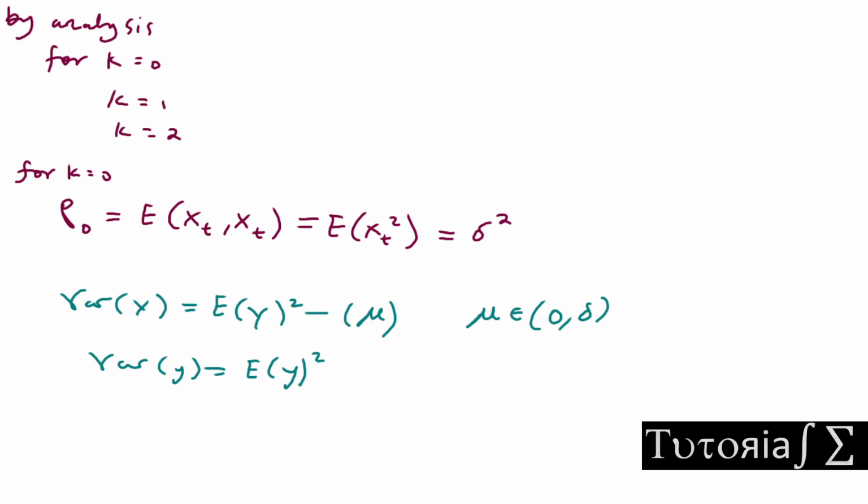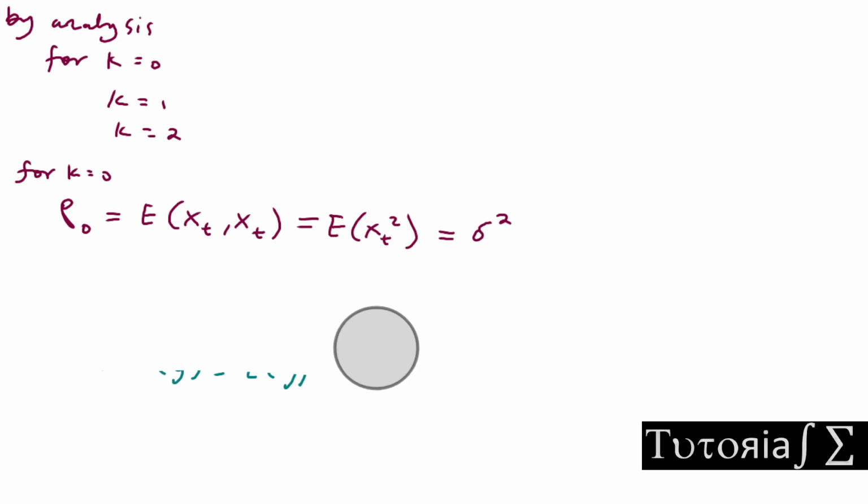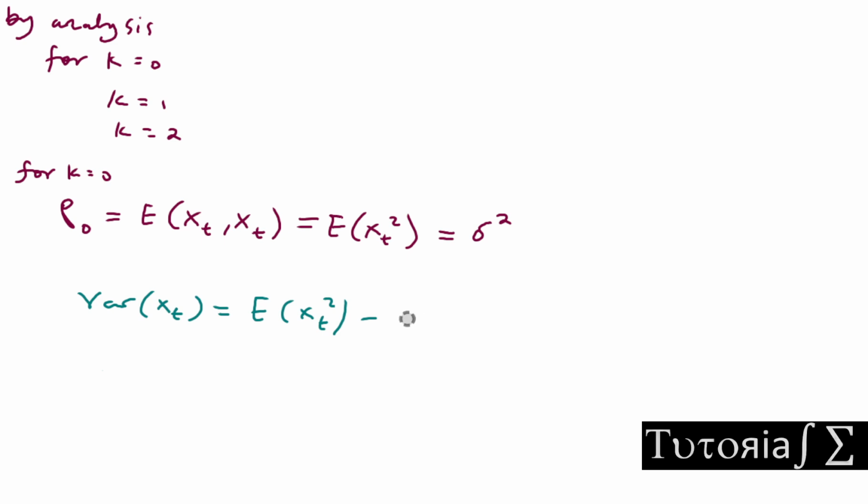Same thing is happening here for xt. So the variance of xt is equal to the expectation of xt squared minus the mean squared. Now the mean is constant for et and xt.